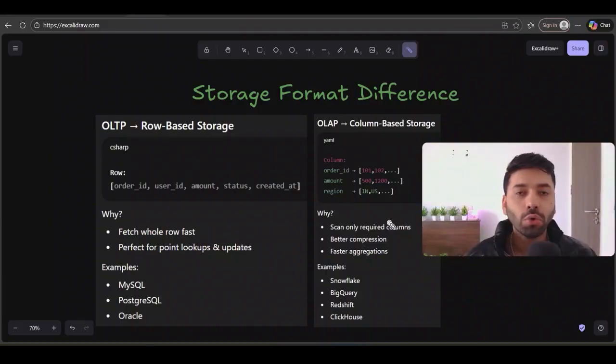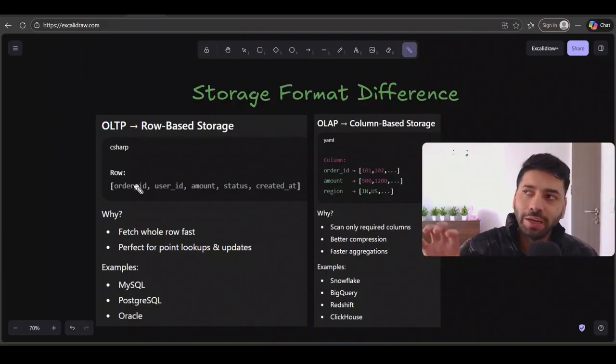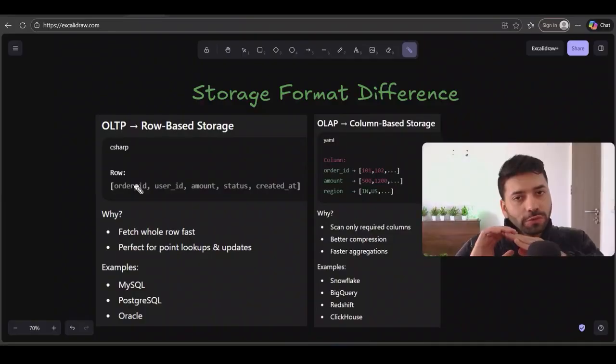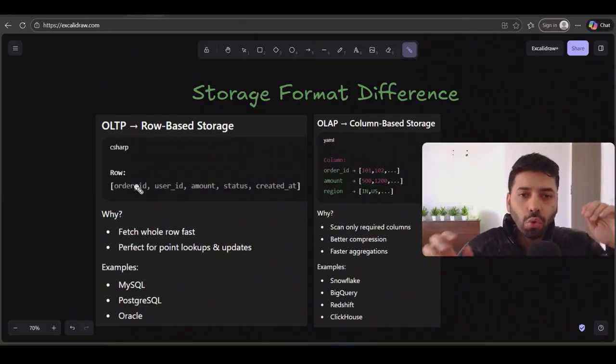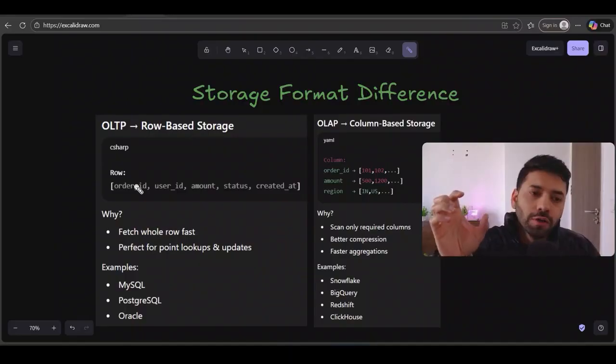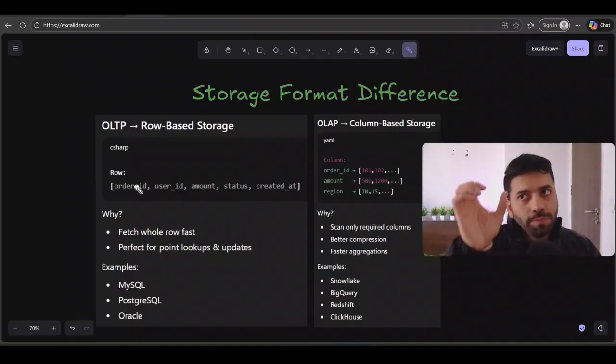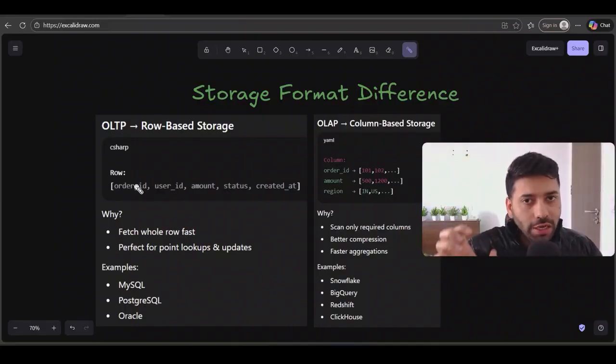Because we have to scan only required columns here. Like in OLTP, we generally try to fetch the row through which we get all the data present in the row. But here in OLAP, the requirements generally are specific to one of the fields. And we store the fields as a column. So basically, when you fetch a column, you get all the data specific to that column only, right?